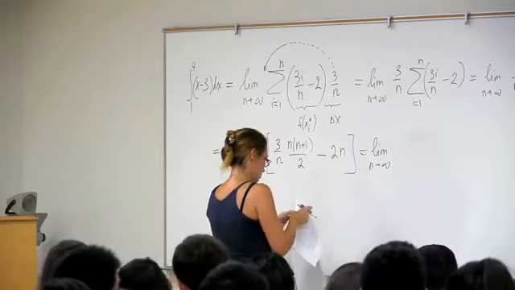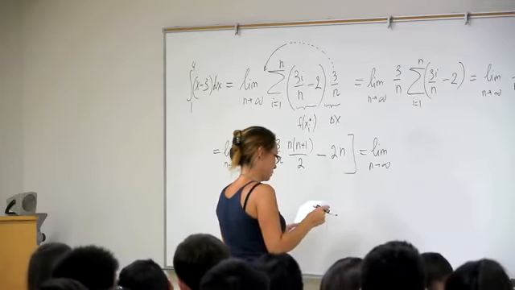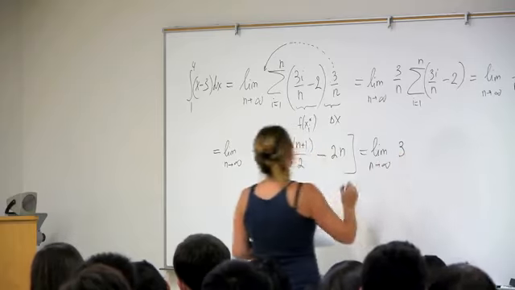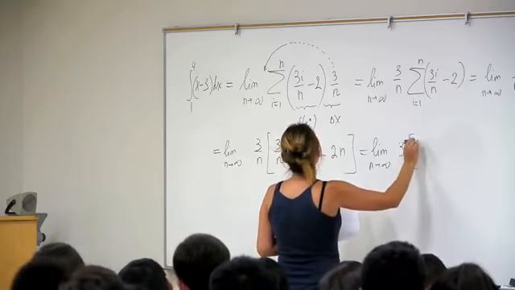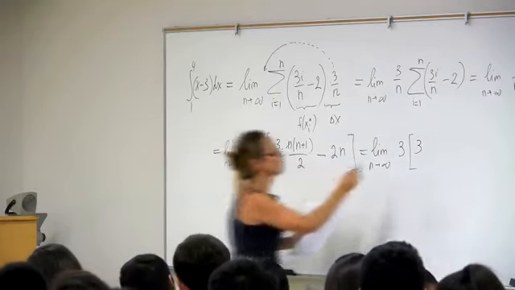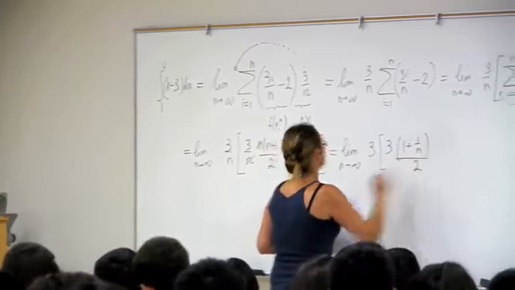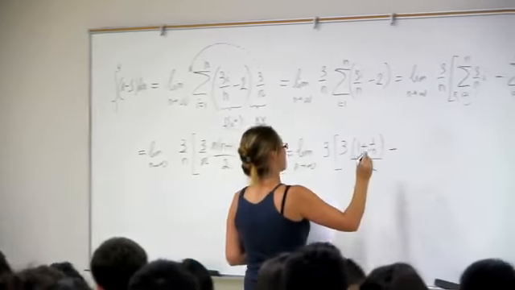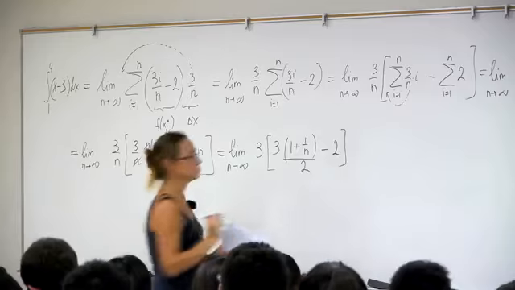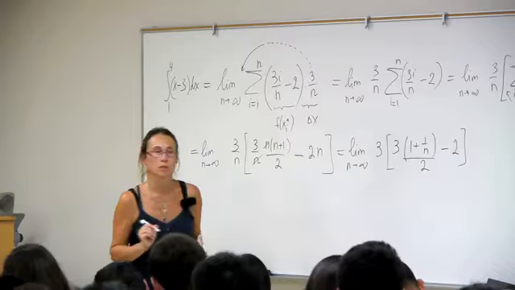So 3, this n cancels, and I'm dividing by n. So I have 1 plus 1 over n, over 2, minus 2. Dividing through by n, all the terms.